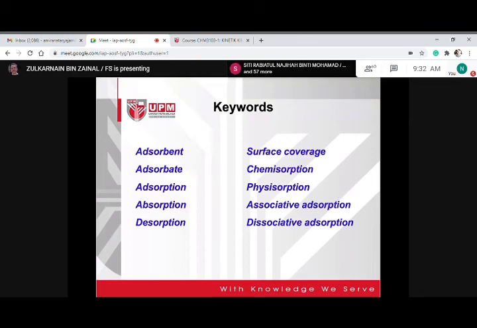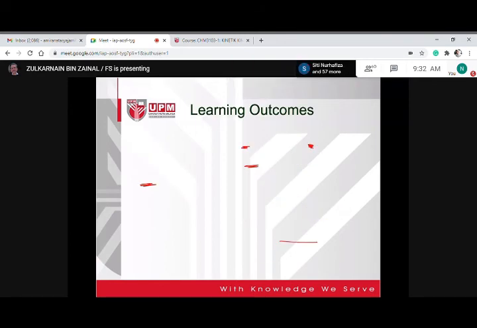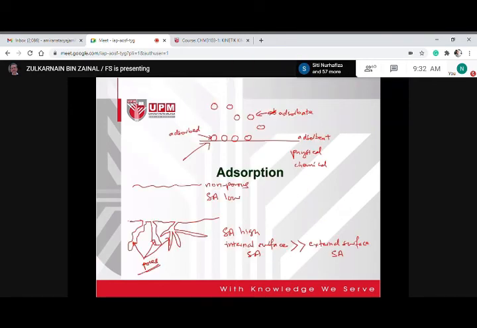So as you can see from the previous slide that I've shown you, all right, the adsorption process occurs when you have, say, A as the adsorbent and B as the substrate. So the reaction will occur and you get the adsorption of A to B.